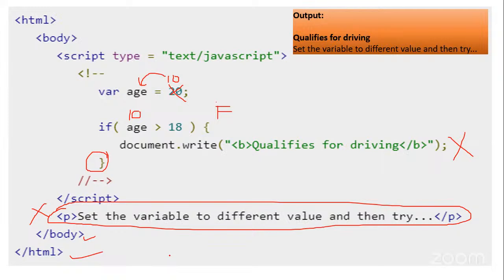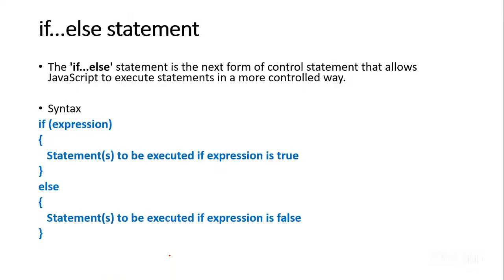Then how to overcome this? We can use the if-else statement where we can handle both cases, true case and false case. Whenever the condition becomes false, the else code will be executed. How to understand this if else? If is a keyword, then an expression, nothing but one condition in general.